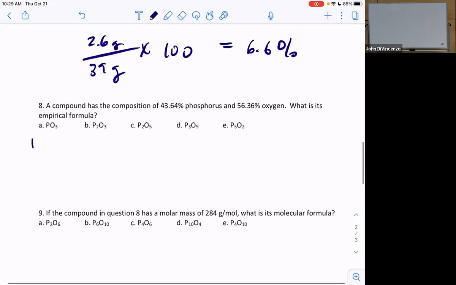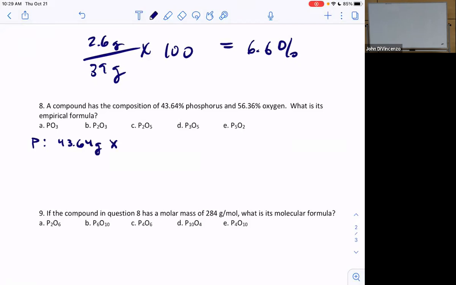All right. Let's do P first. 43.64 grams times 1 mole per 30.9738 grams. That's percent to mass, mass to moles. Someone can do that. And then down here we've got oxygen. 56.36 grams times 1 mole per 16 grams.